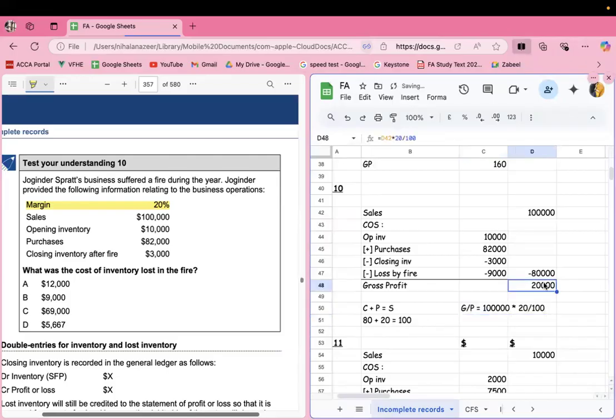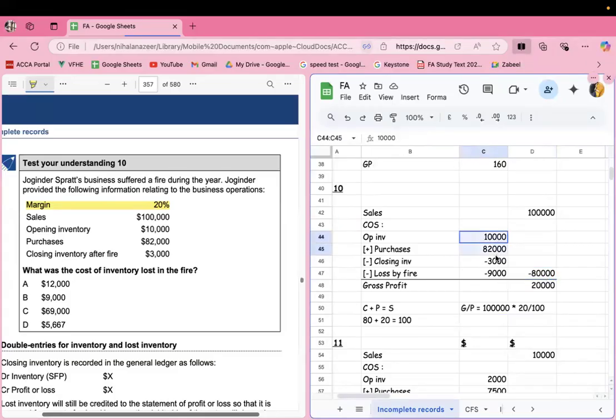Clear now? So when you do that, you get 20,000, right? So from 100,000, how much needs to go in order to get 20,000? 80,000. Clear? So you've got cost of sales of 80,000.